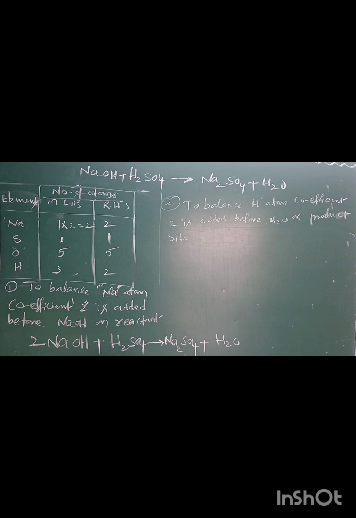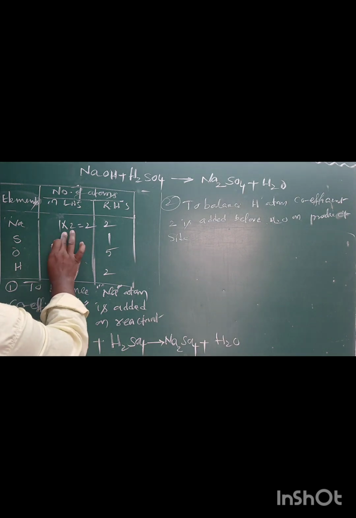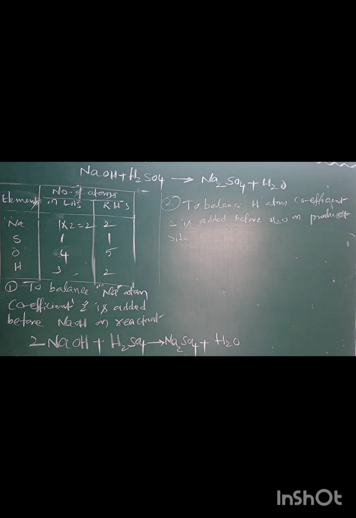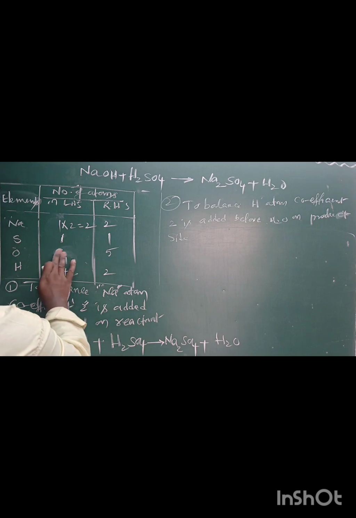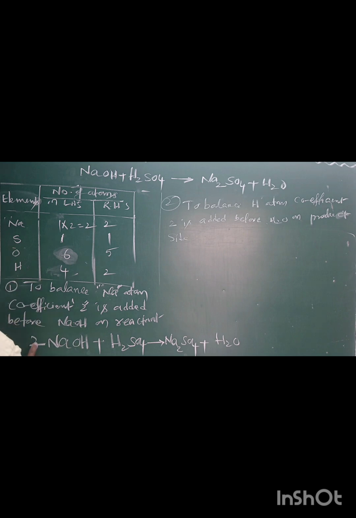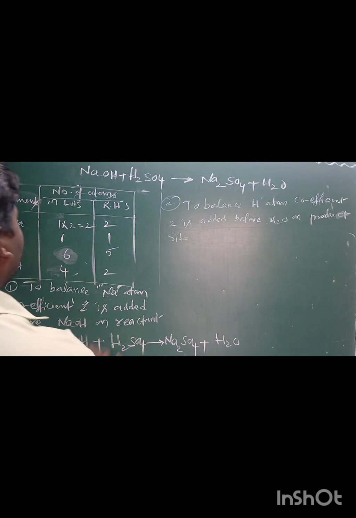Here 2 plus 4 oxygen atoms on the reactant side and one sulfur only. Hydrogens 2 plus 2, 4 hydrogen atoms are there. Oxygens here 2 plus 4, 6 oxygens are there. Only sodium atoms are balanced.